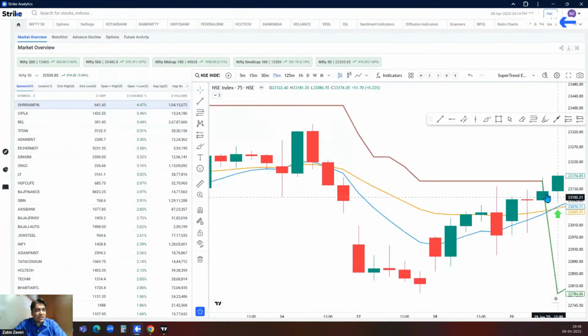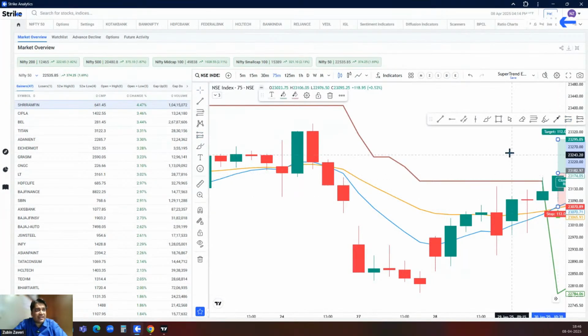As soon as this happens, the 21 period average crosses the 9 period average, and the super trend indicator is also in buy mode, we will go ahead and buy Nifty. So there is this long position. We'll click on it. When shall we buy? As soon as the price goes above the high of this candle. This candle we will call the signal candle.